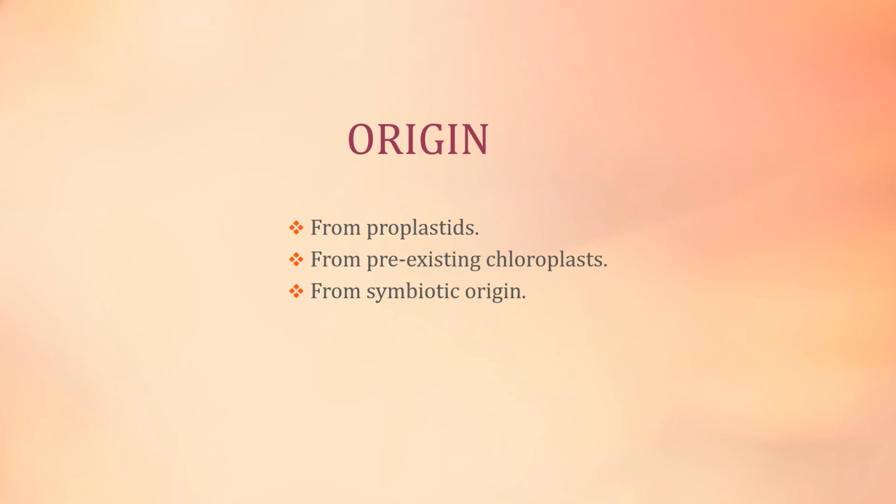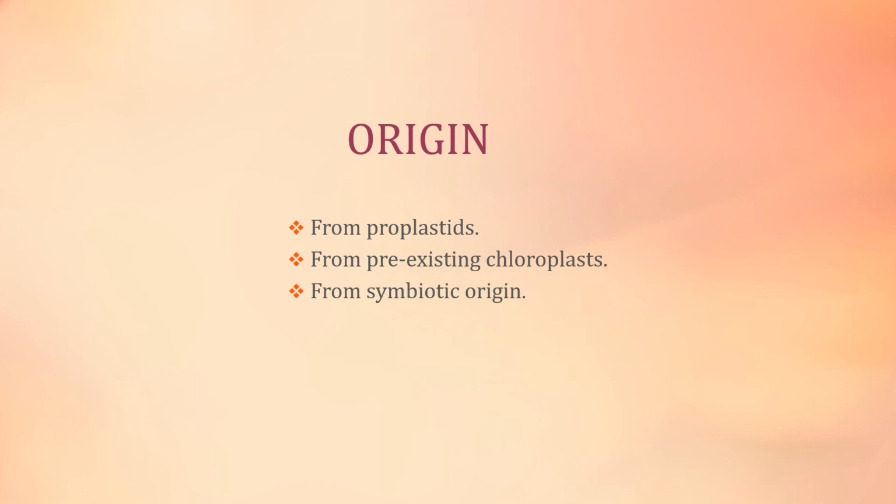Origin. Plastids originate in three ways. They are as follows: from proplastids, from pre-existing chloroplast, from symbiotic origin. From proplastids. All plastids develop from small rounded unpigmented bodies called proplastids. A proplastid consists of a dense matrix bounded by two unit membranes.